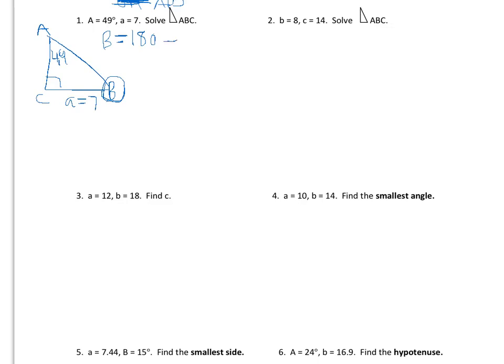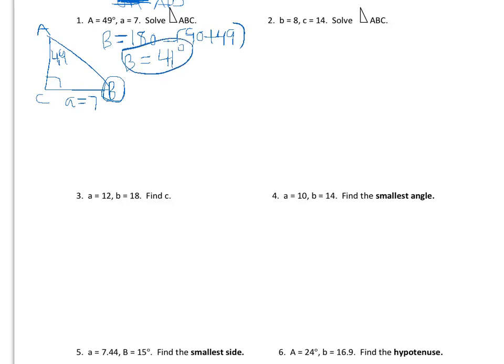It's going to be 180 minus the sum of 90 plus 49. 90 plus 49 is 139. And when you subtract that from 180, we get 41 degrees. So that's real easy right there.